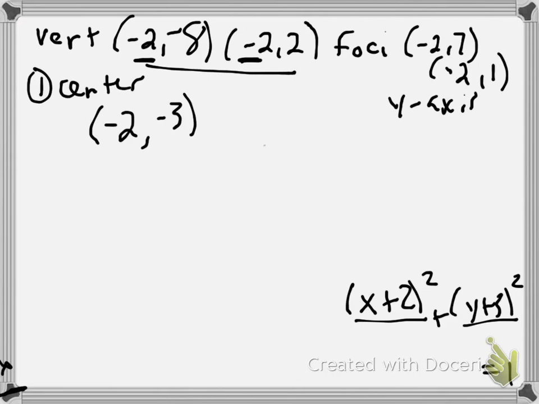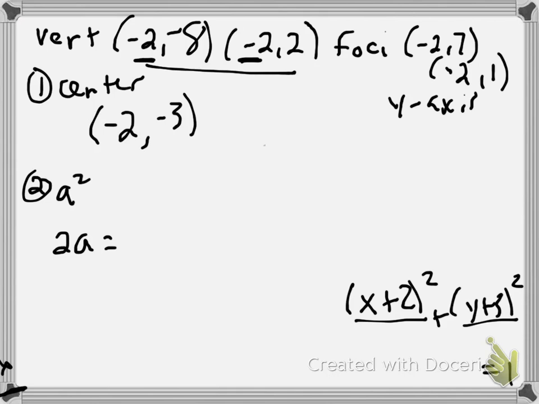Now what I have to do is find particularly my a squared. To find my a squared, I use one of those formulas that I have on page 862. It said that your 2a is the actual length of that major axis.